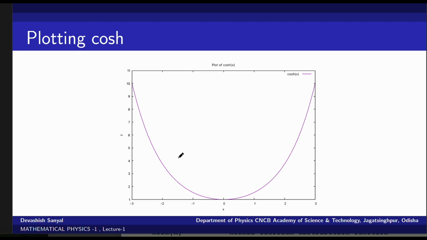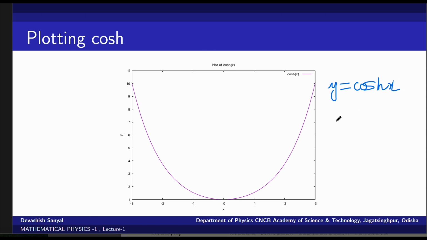Similarly, we can define what is called a cos hyperbolic function. So what we are plotting here is y is equal to cos hyperbolic x.